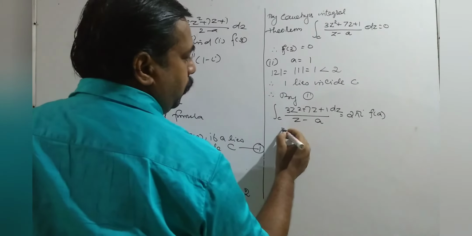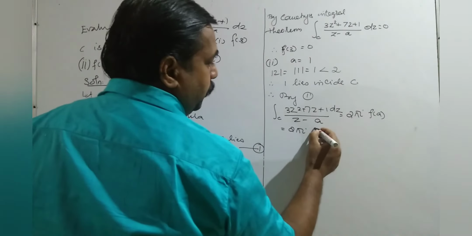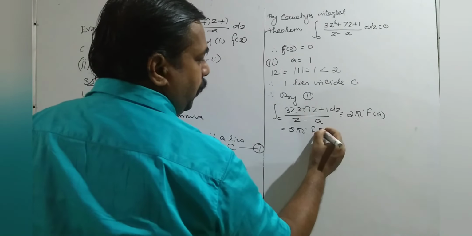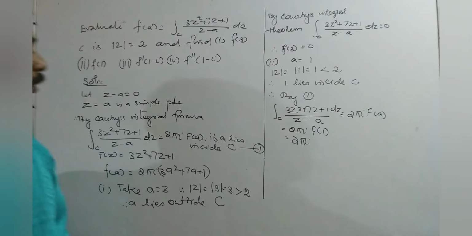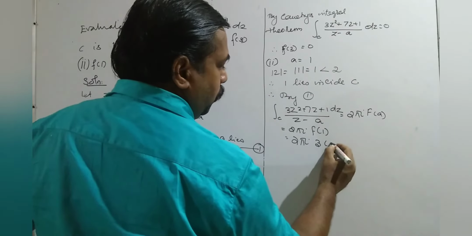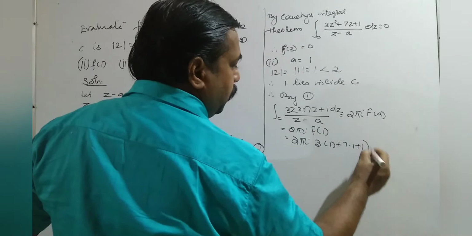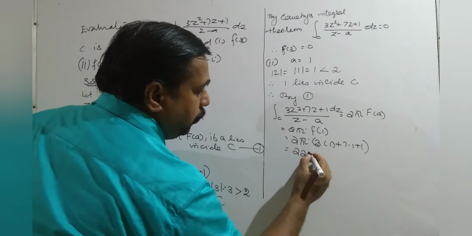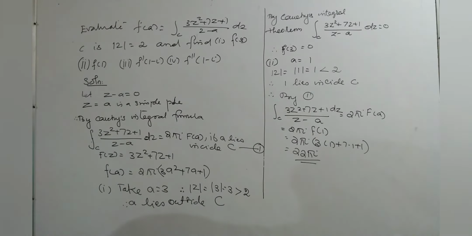So that is equal to 2 pi I into, what is a here? a is equal to 1. That is capital F of 1. That is 2 pi I into, what is capital F of z? That is 3 into 1 plus 7 into 1 plus 1. So here 3 plus 7, 10, 11. That is equal to 22 pi I.